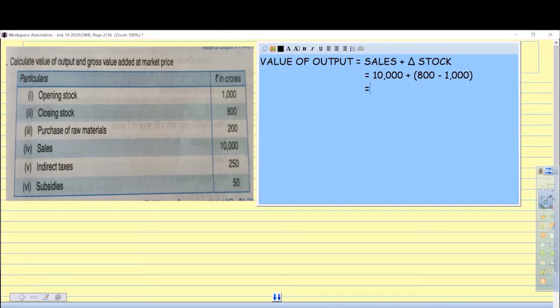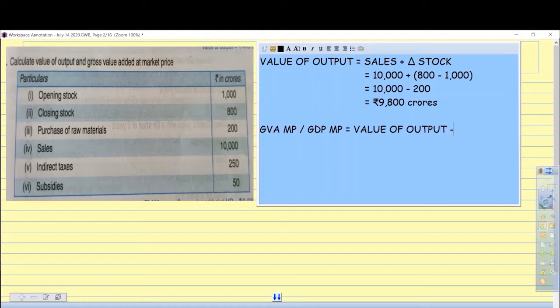Equal to 10,000. 800 minus 1000 is minus 200, equal to rupees 9,800 crores. Next part is to find out gross value added at market price. Gross value added at market price, or GDP MP, is equal to value of output minus intermediate consumption.